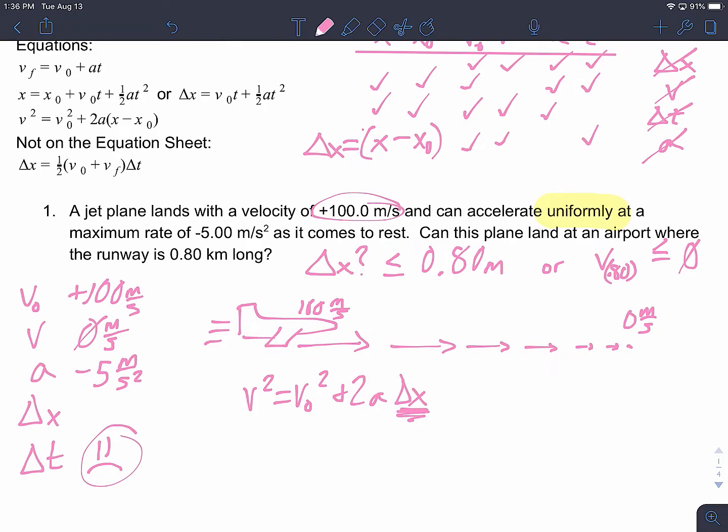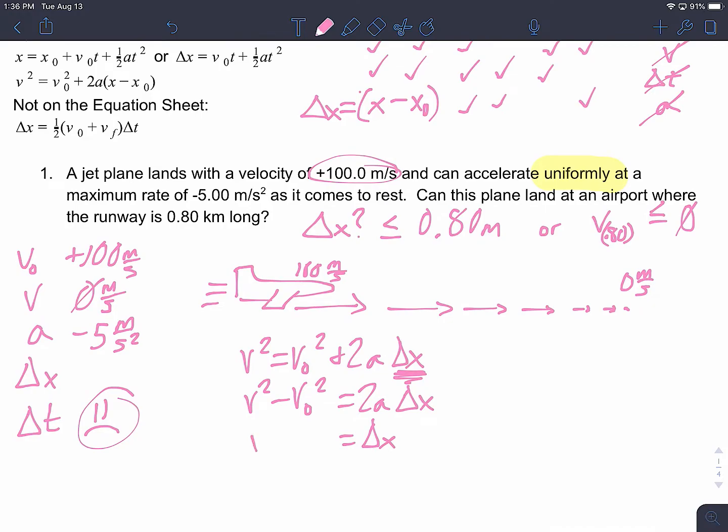I would move everything around first, so I would subtract the initial velocity squared from both sides, and then divide both sides by 2a. So we have our difference of squares up top, and we're going to divide by 2a. 0 squared minus 100 squared over 2 times a negative 5.